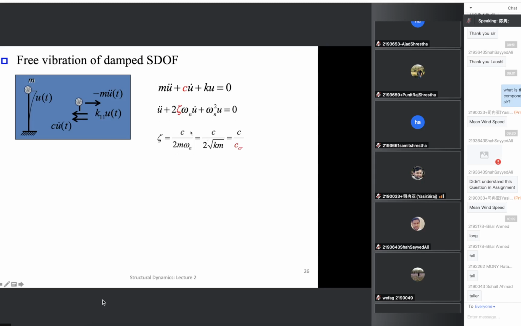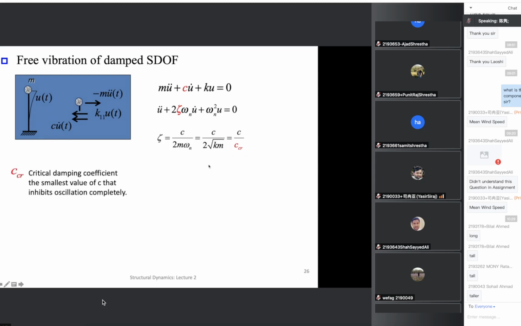And you can have different expressions for the damping ratio. If you introduce omega n, which is the square root of k over m, then introduce m into this square root, you get the square root of k times m, and 2 in the denominator. And we define this part as C critical.